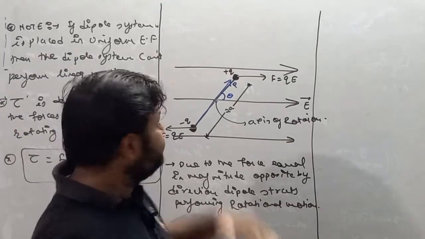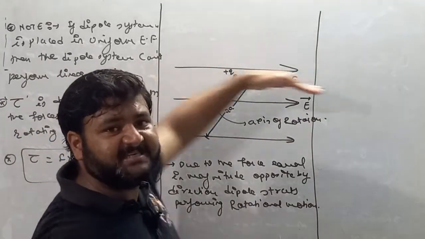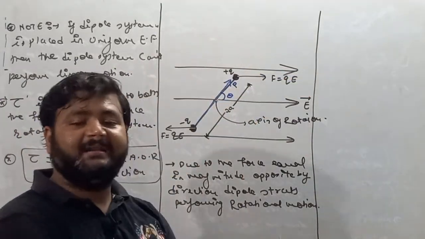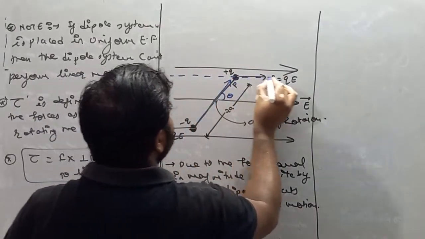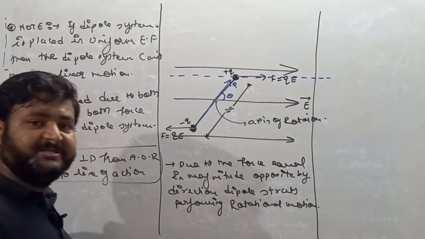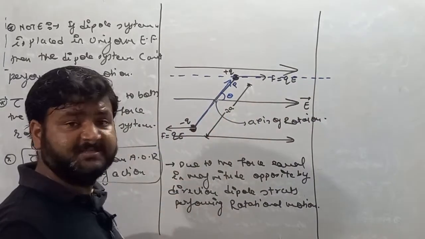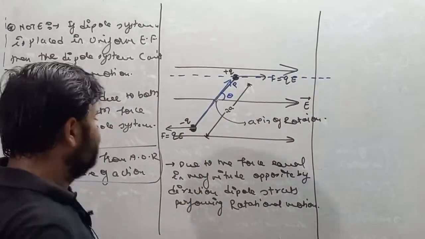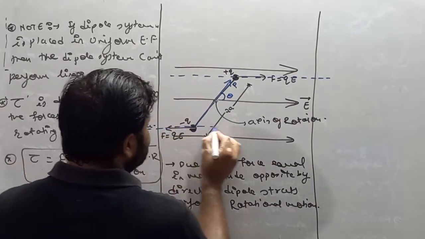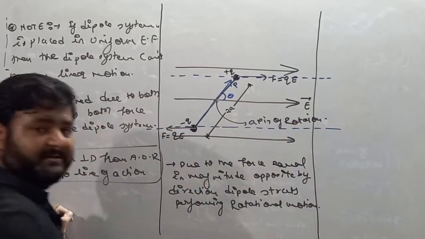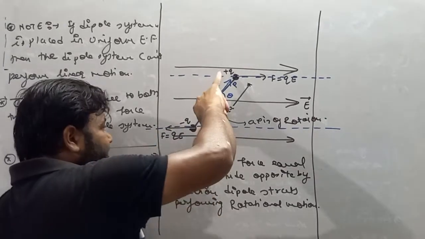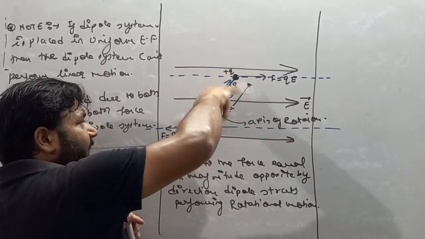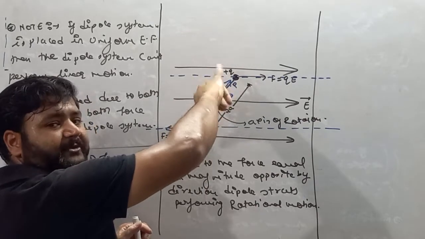We know that the line along which force is acting is called the line of action. So this is the line of action for the force acting on plus q. Similarly, this is the line of action of the force acting on minus q, and with respect to this point, this dipole system is performing rotational motion.